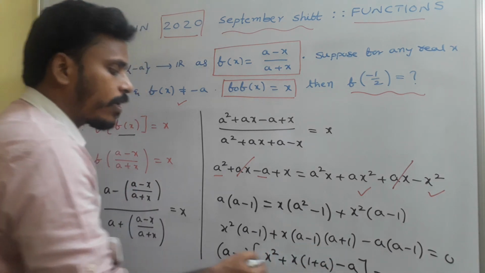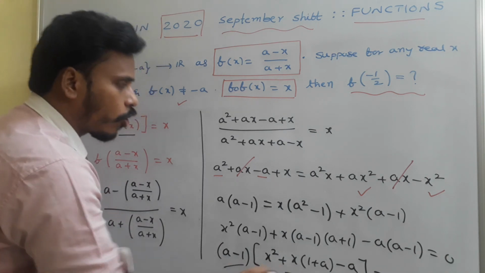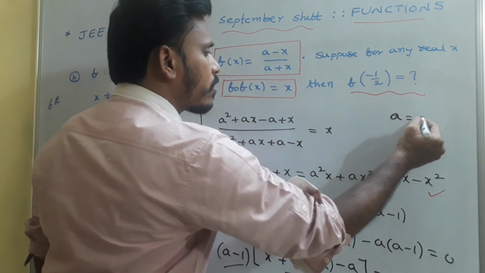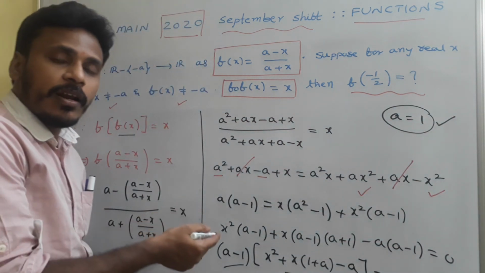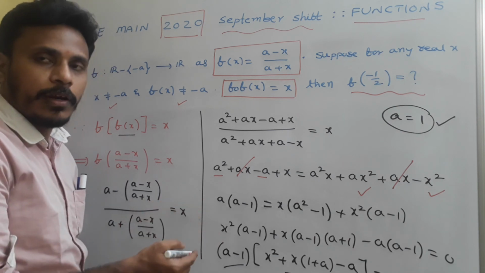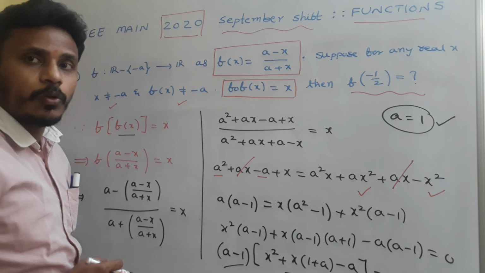Again, this second one is a combination of x and a. So if either this is 0 or that is 0, right? So one of your choices is a is equal to 1. So consider that a is equal to 1. The second relation won't give the value of a for us. So it is somewhat a combination of x and a, right? So finalize that a is equal to 1.